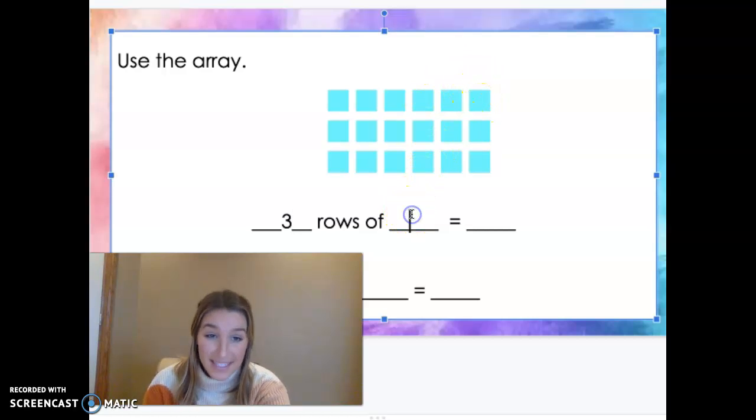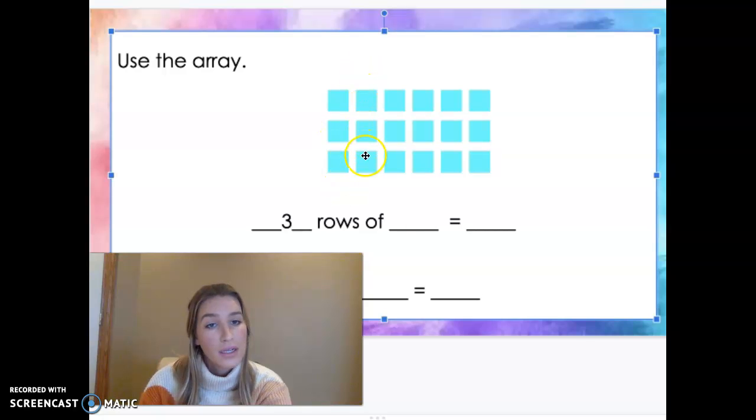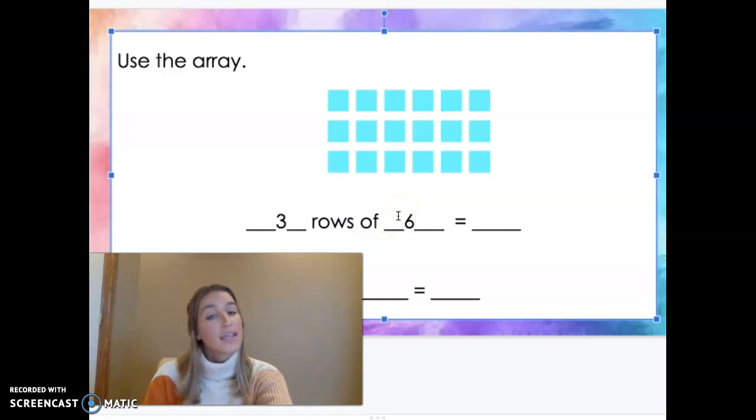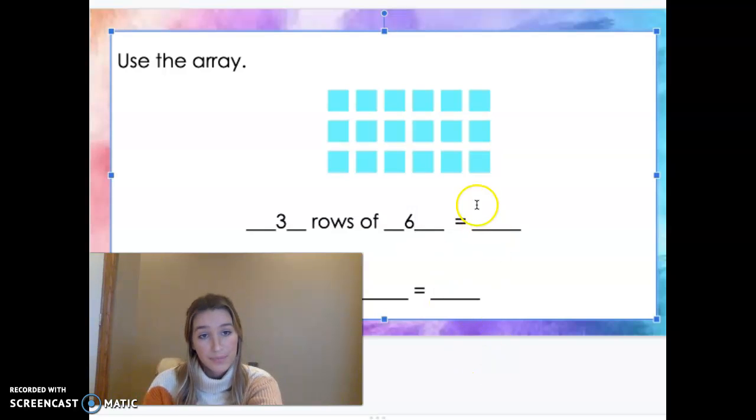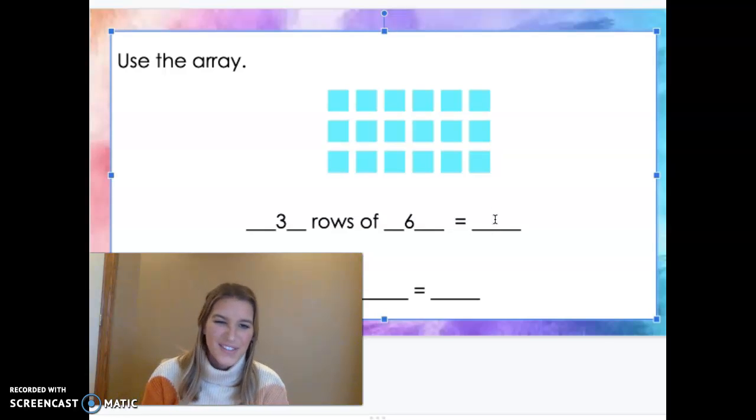So then there's 6 blocks in each row, or 6 columns, because we could do 1, 2, 3, 4, 5, 6. And then in each of these, there's 3. So I know either way can be 3 rows of 6 or 6 rows of 3. So then if I count those up the hard way, I could count them one by one by one, but we don't want to do that.